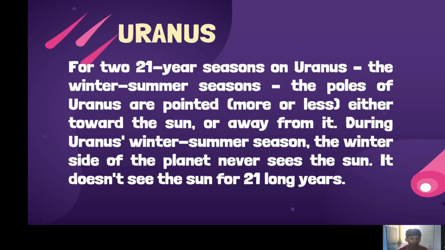Uranus. For Uranus, for 21 years, there are seasons on Uranus. The winter-summer season, the poles of Uranus are pointed more or less towards the sun or away from it during Uranus winter-summer season.